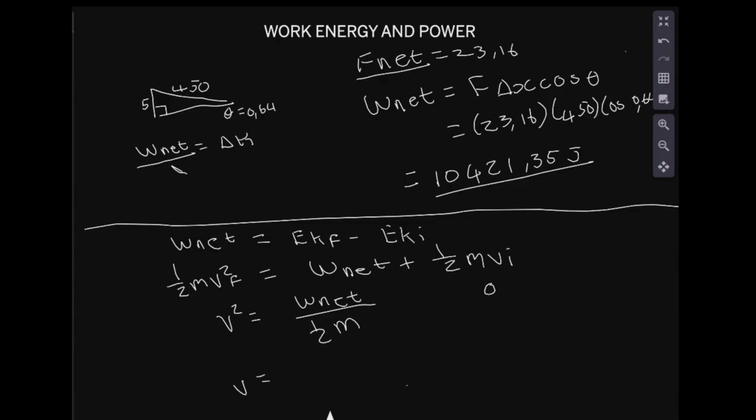So v will equal the square root of 10,421.35 divided by a half of 300, which will give us 8.34 meters per second.